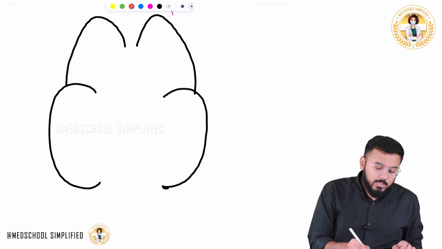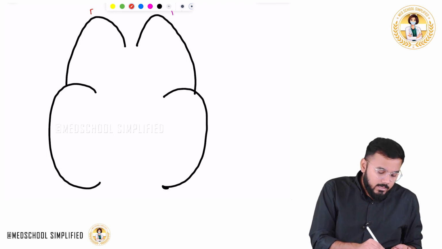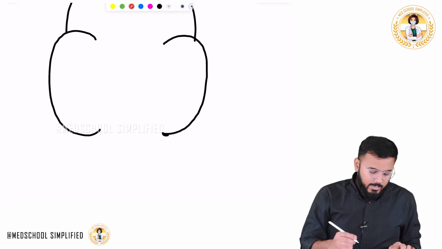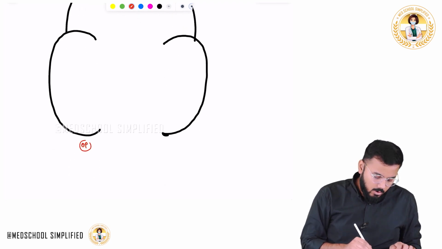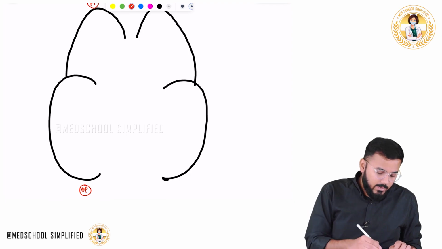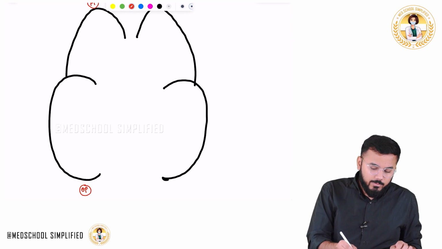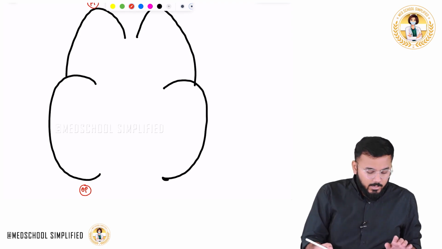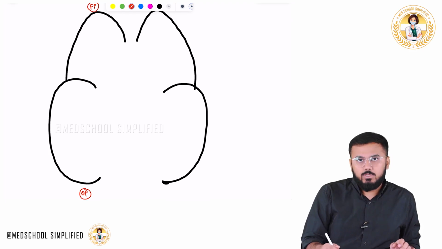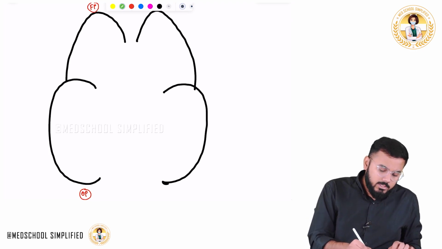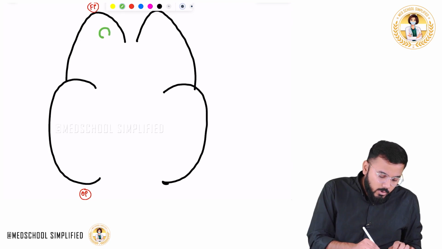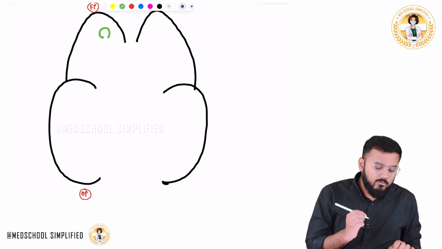First, this structure over here is called a frontal pole, and this structure over here is called an occipital pole. By the way, here we have a temporal pole, but it is better visualized from the lateral aspect. Now, in this frontal pole and occipital pole, what structures can you see? The first important structure here is something called the olfactory bulb.